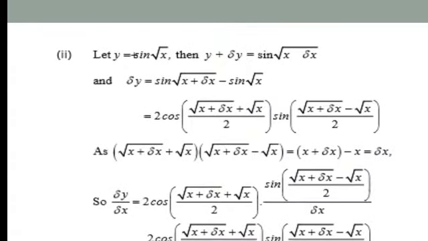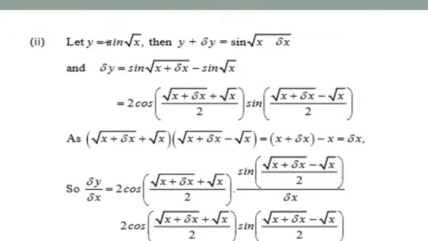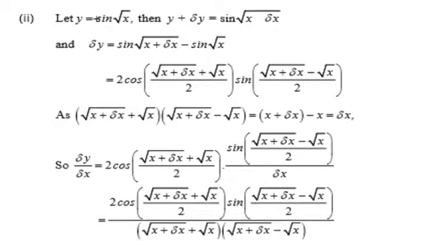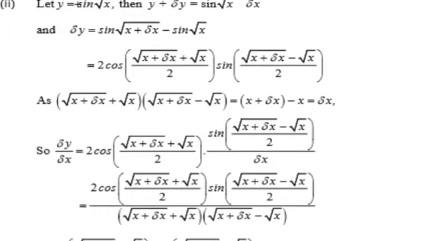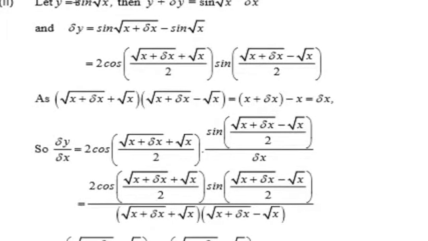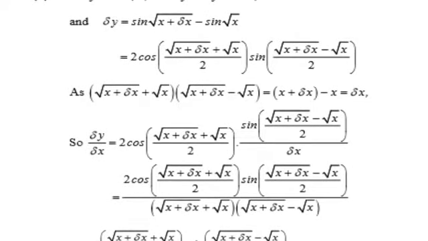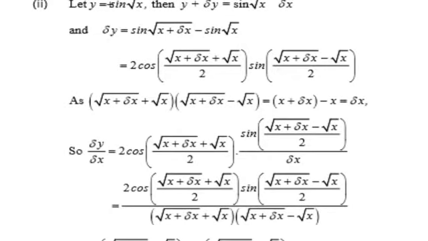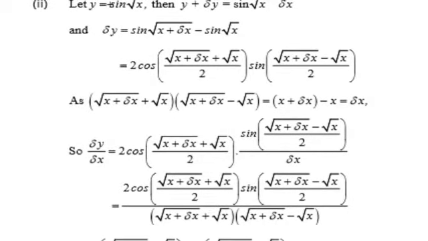Now in this question we have sin of square root x. Delta y becomes sin square root of (x plus delta x) minus sin square root x. Now the sin p minus sin q formula is 2 cos (p plus q) over 2 and sin (p minus q) over 2. Now here we have a product of these two values, square root of (x plus delta x) plus square root x and square root of (x plus delta x) minus square root x, a square minus b square, which is equal to delta x.